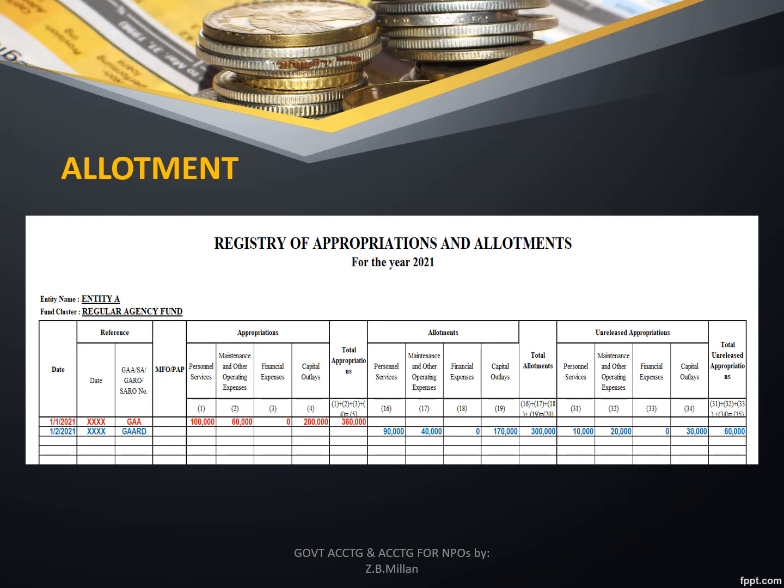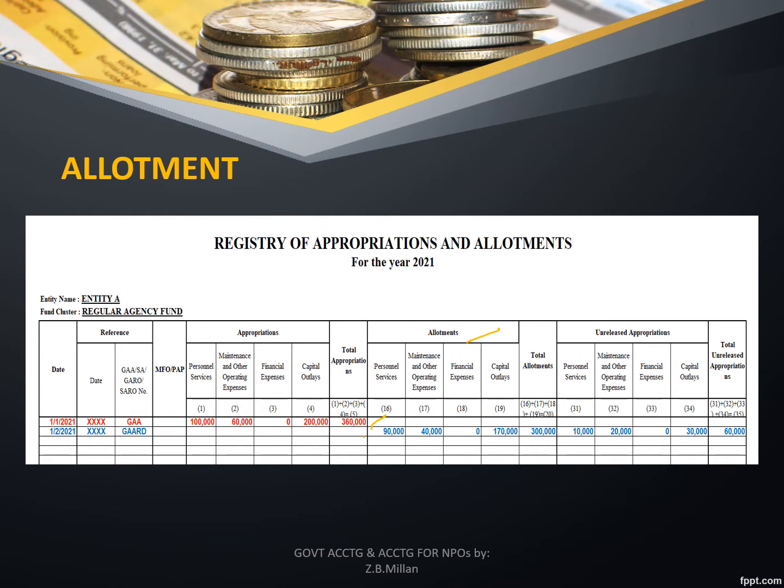The allotment is recorded by posting the amount of the allotment in the allotment column. Here, if you notice, this is our receipt of appropriation earlier. And here comes the authority we received from the DBM to incur obligation in the form of allotment.